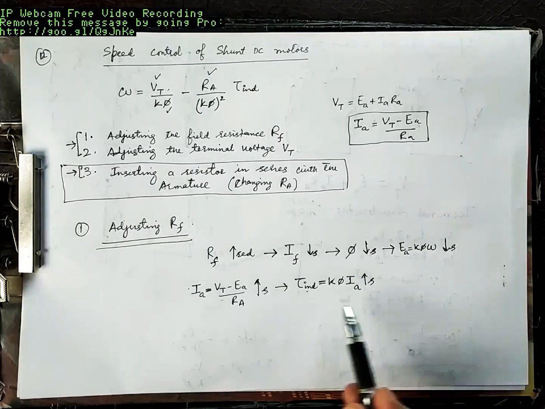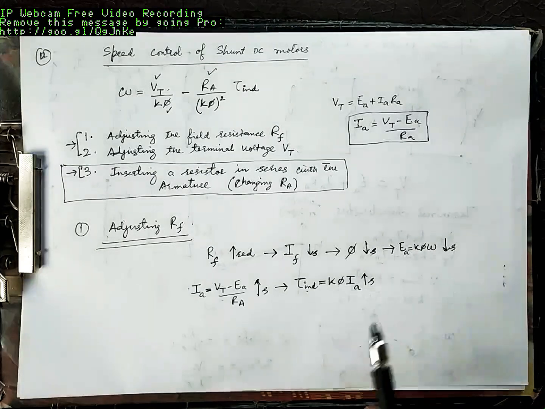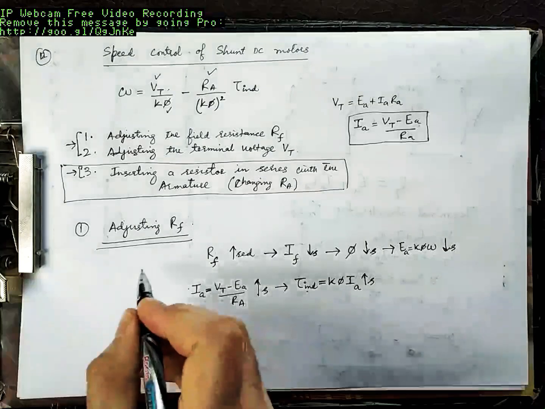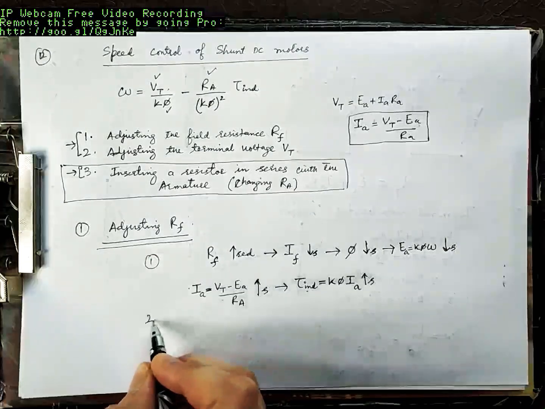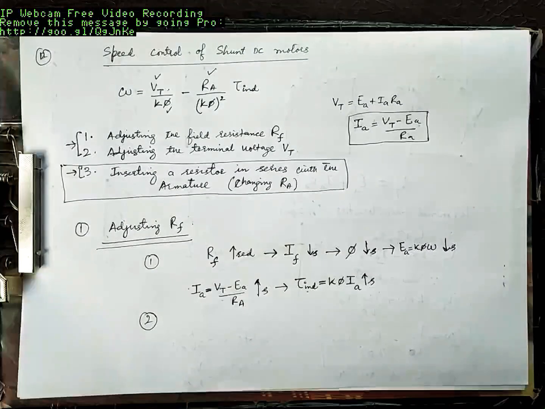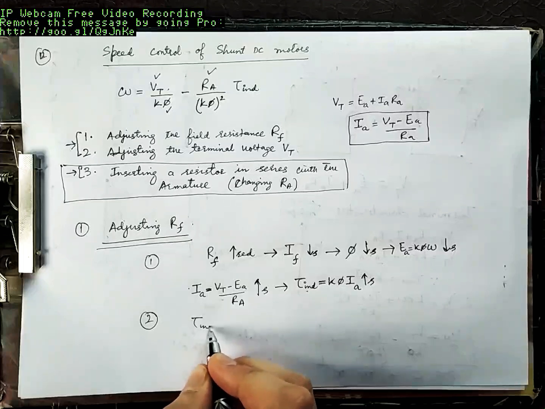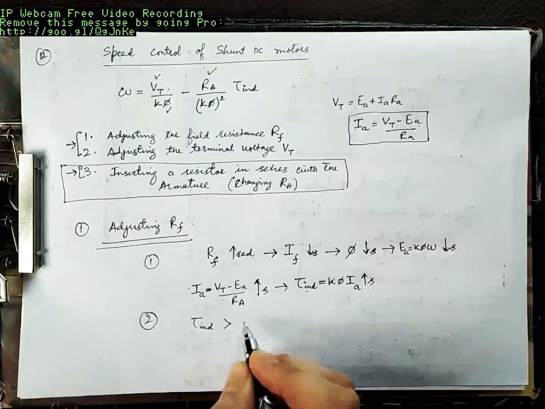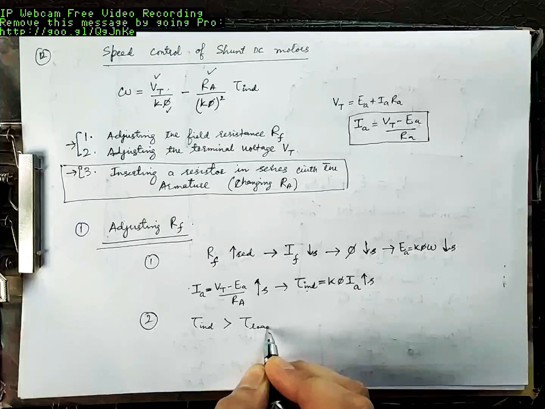When induced torque K phi IA increases, since load on the motor is constant, we have not changed the load on the motor, therefore tau induced has increased, tau load is same, so induced torque is greater than load torque.